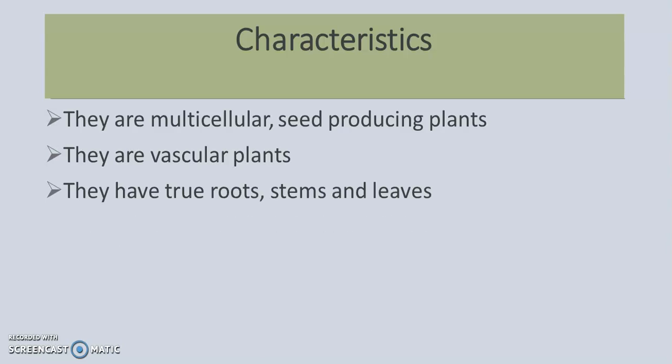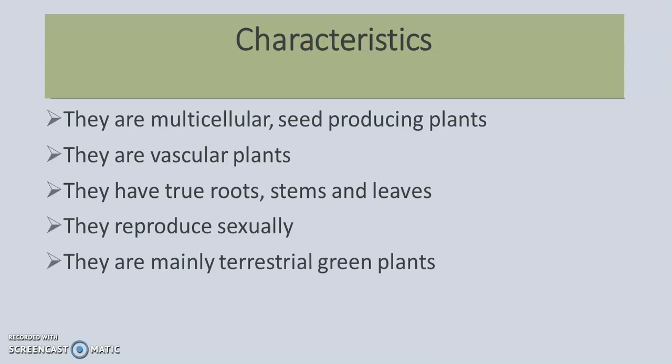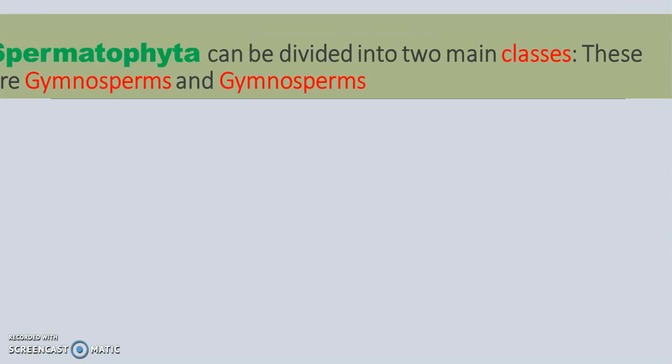They have true roots and stem and leaf. They reproduce sexually, that is using the two gametes. Then they are mainly terrestrial, that is, most of them are found on land, but few are in water.